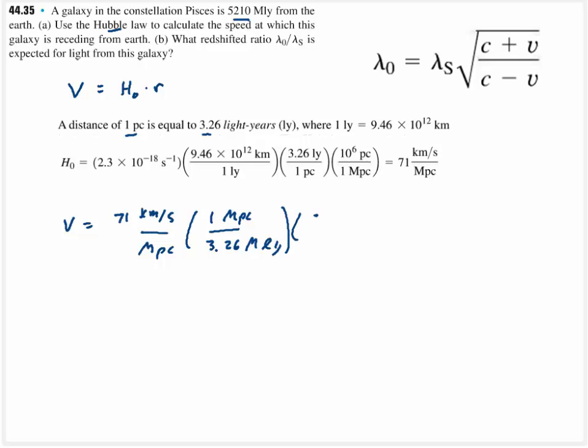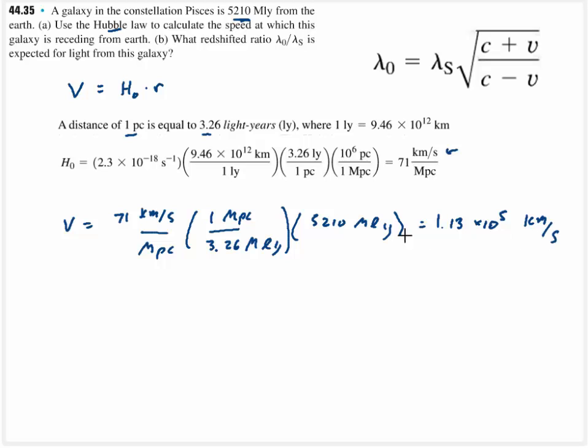So I just kept my mega in each one of those, and then we're going to multiply this guy by 50 to 10 mega light years, and that's this guy right over there, and all the megas are going to work themselves out, and we're going to wind up with a speed that's going to be equal to 1.13, a couple more digits here, times 10 to the 5th. The only thing to be careful of is that this is going to be kilometers per second.